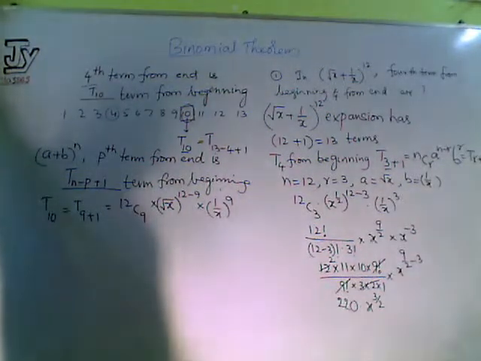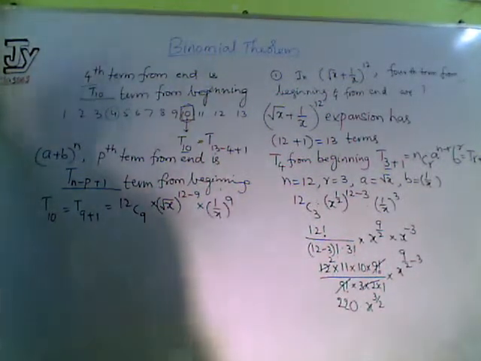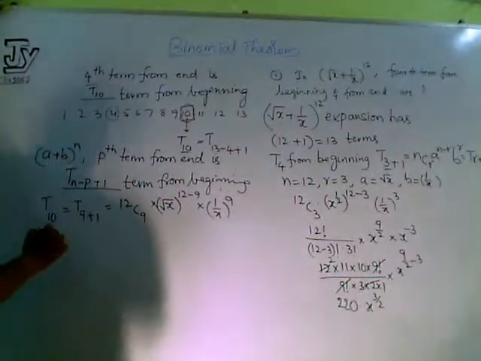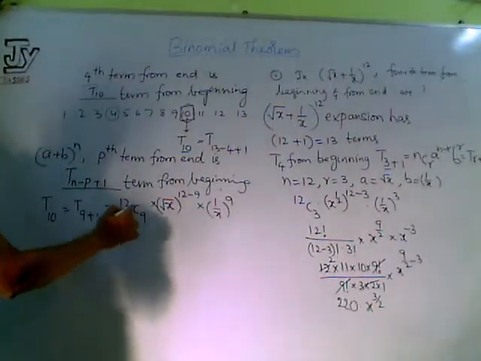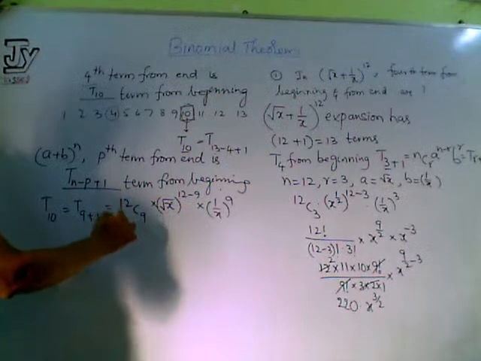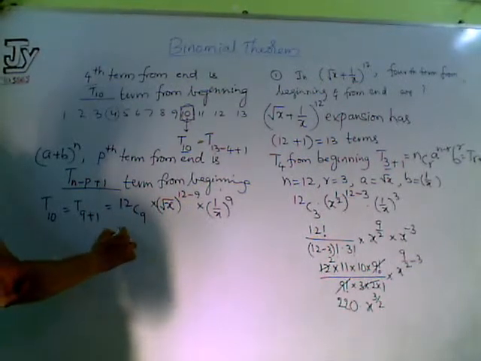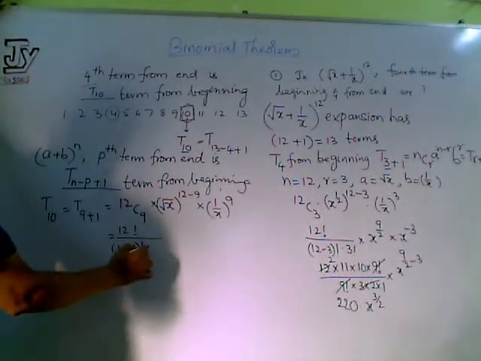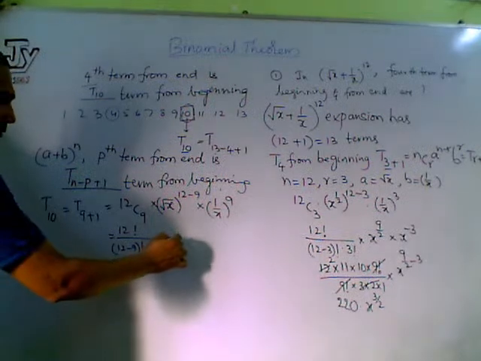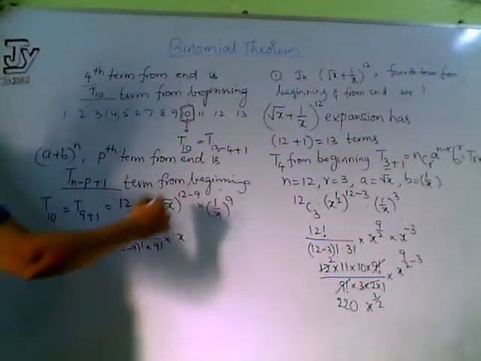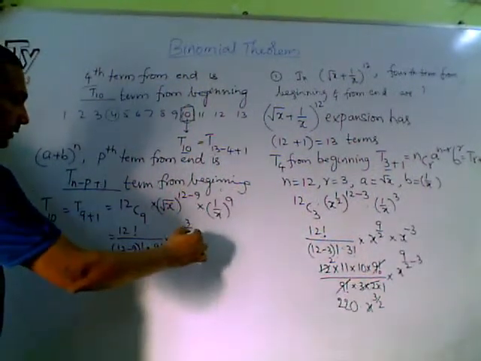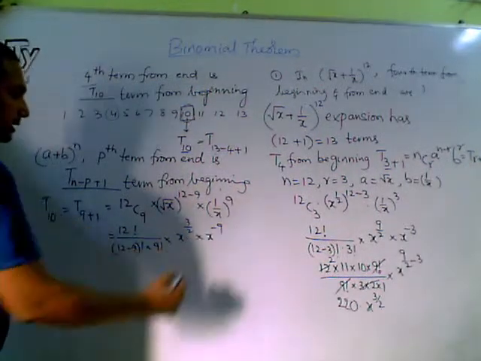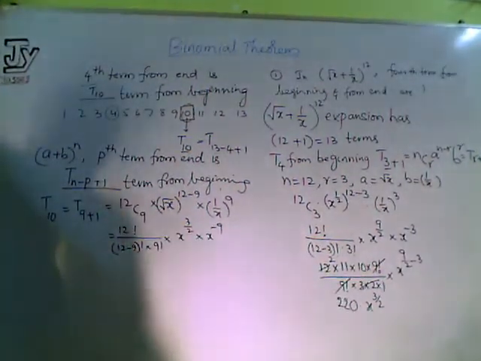So that is equal to 12C9, nothing but 12 factorial by (12 minus 9) factorial into 9 factorial, into x power 1 by 2 power 3, that is 3 by 2, into x power minus 9.